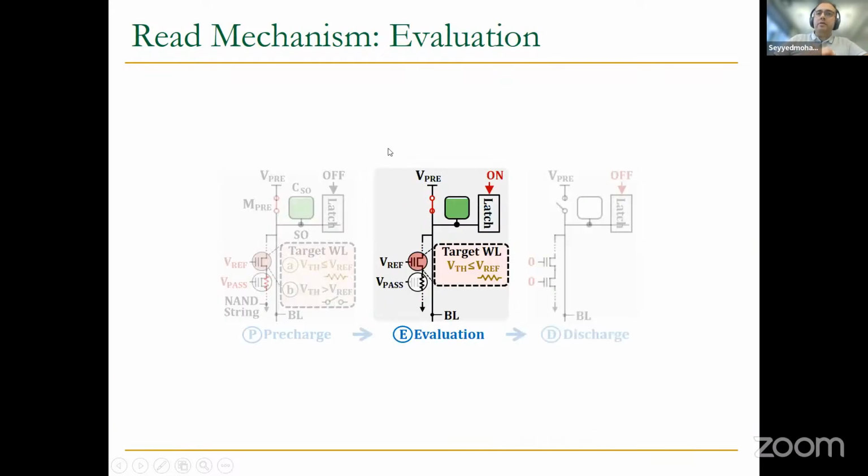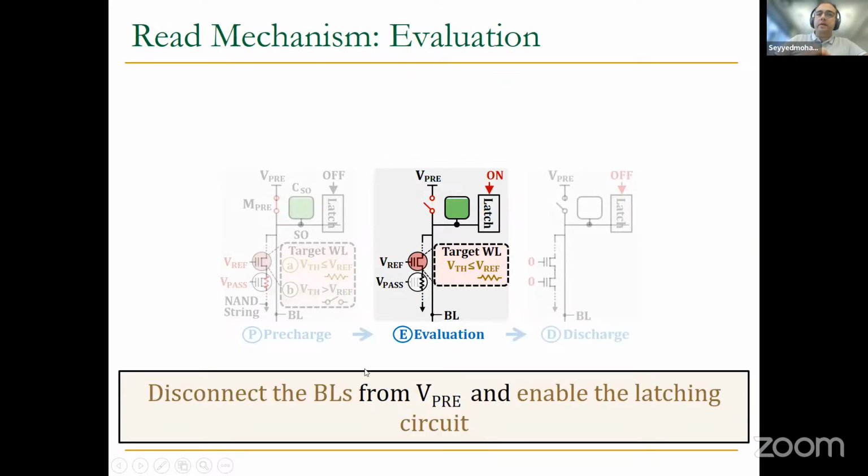After that, you need to do evaluation. For the evaluation, you first disconnect the bit line from the pre-charge and enable the latching circuitry. To enable the latching circuitry, you need to turn it on.